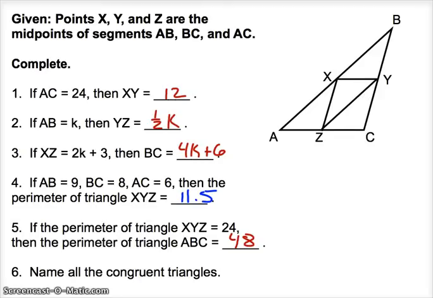Six, name all the congruent triangles. Let's just go through and highlight them. So if I try to look for triangles that are congruent to each other, I can see that AZX should be congruent to ZCY. The reason for that is if Z is the midpoint, I know that these two pieces are the same size. Since we have congruent angles here, we also have congruent angles over here. I can get angle side angle that those two are going to be congruent to each other.